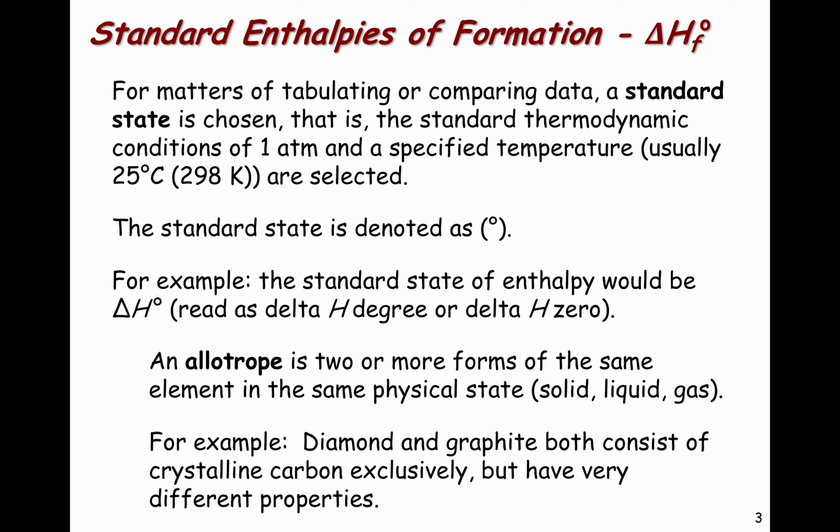Both are essentially made of carbon, and so in this case you would have a slightly different heat of formation. Typically an element would have a 0 delta H of formation, but since carbon has these two allotropes, graphite is the one that has the 0 for the heat of formation, whereas diamond has a non-zero value.